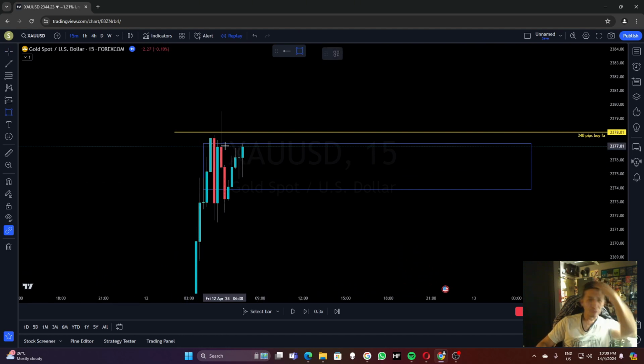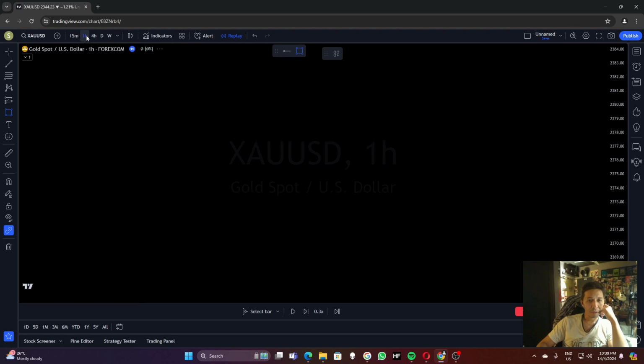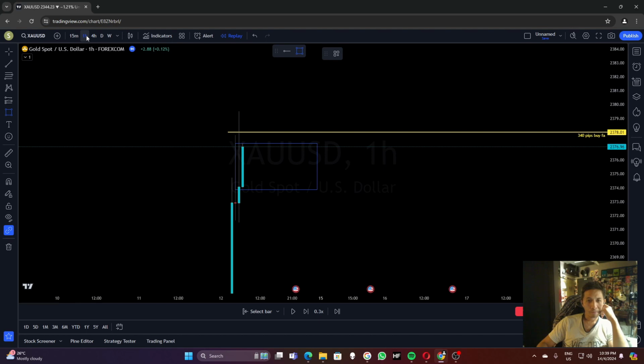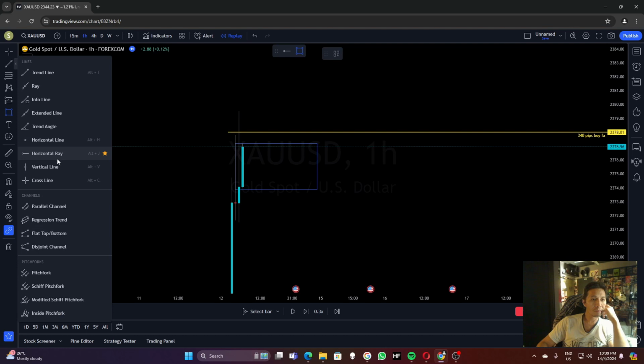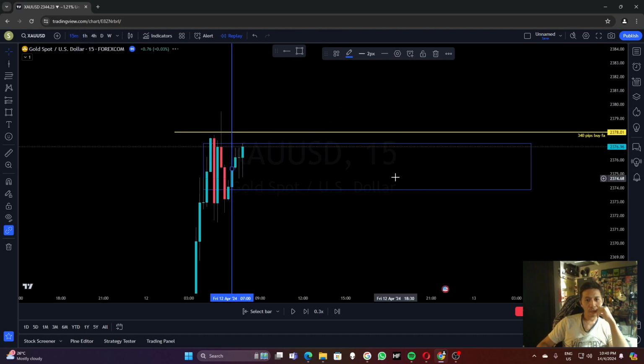In this case you can tell that when that broke, I think this candlestick broke. Which one? Let's mark the candlestick that broke it. Okay, this one, right? So I'm going to draw a vertical line on this, and then go back to 15 minutes and see where that line is.